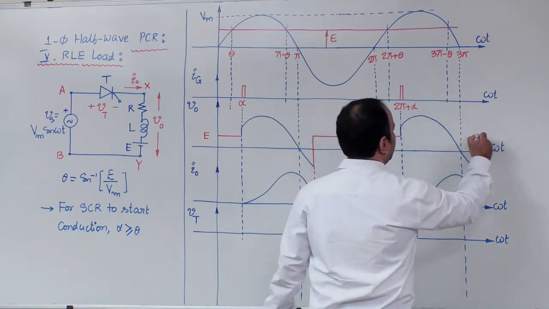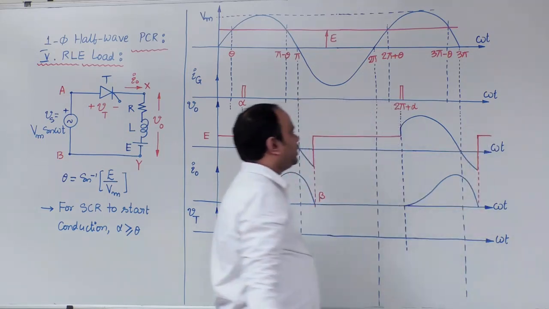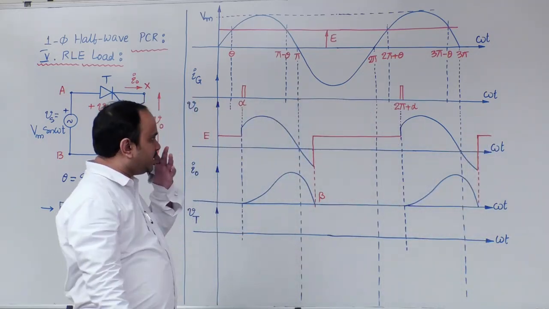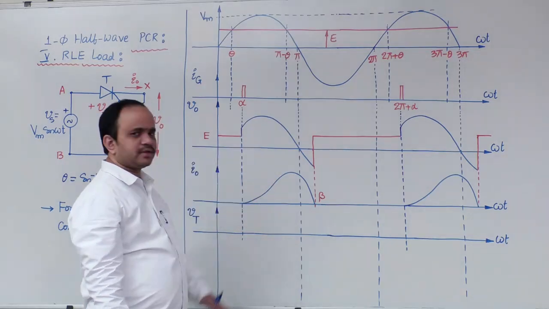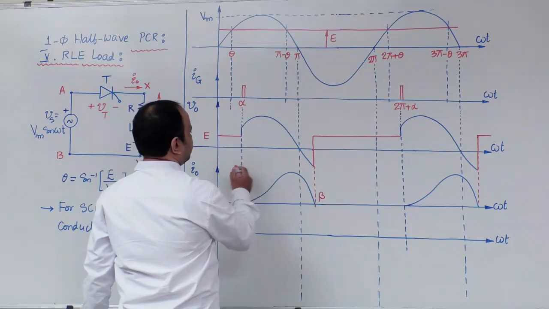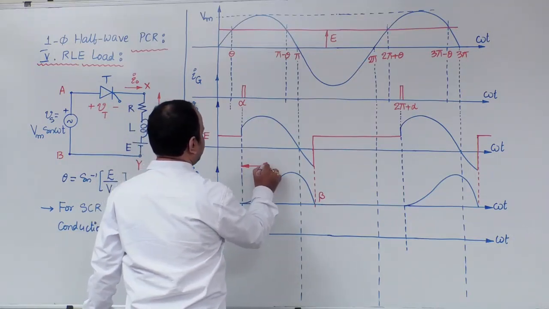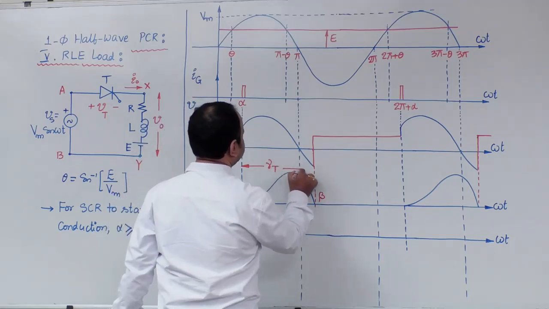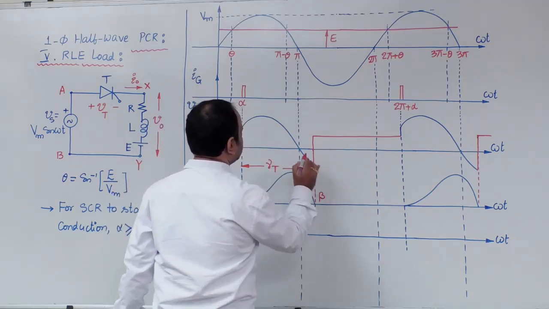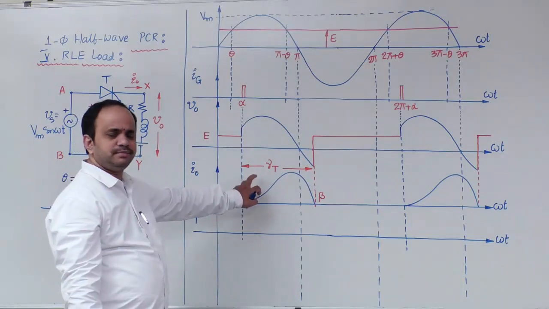Once the device is turned off here, the output voltage will follow the load EMF. So this is how the V0 and I0 waveforms look. Now from this waveform, the first observation is that the SCR is in conduction from alpha to beta.